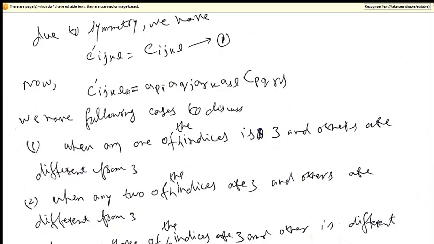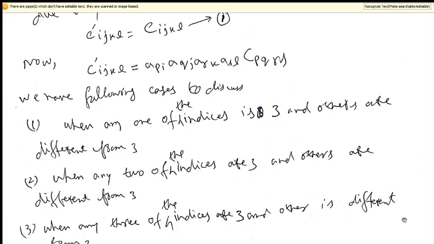What is the second? Second, when any two of the indices are 3. Two indices are equal to 3 and the other 2 are different from 3.